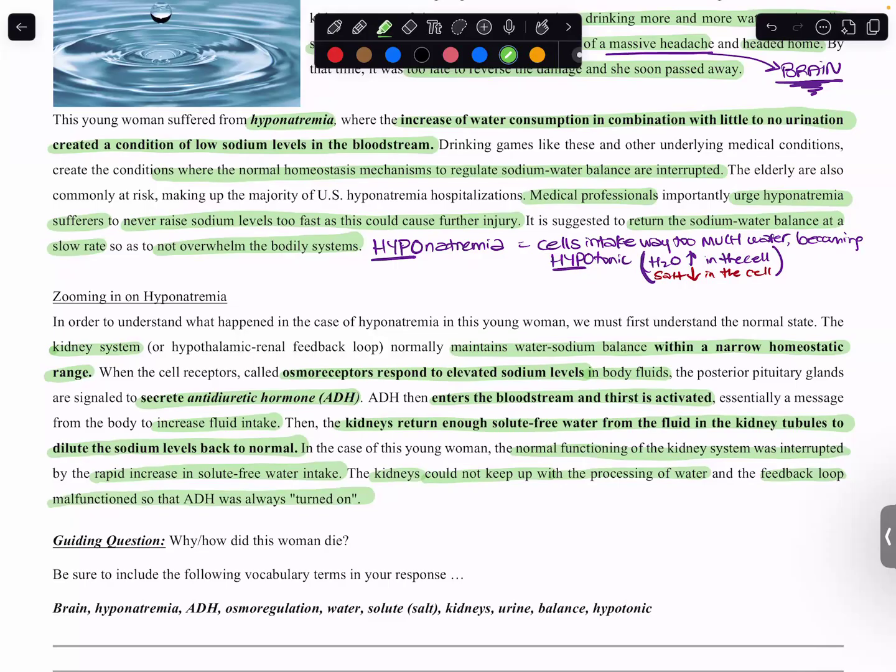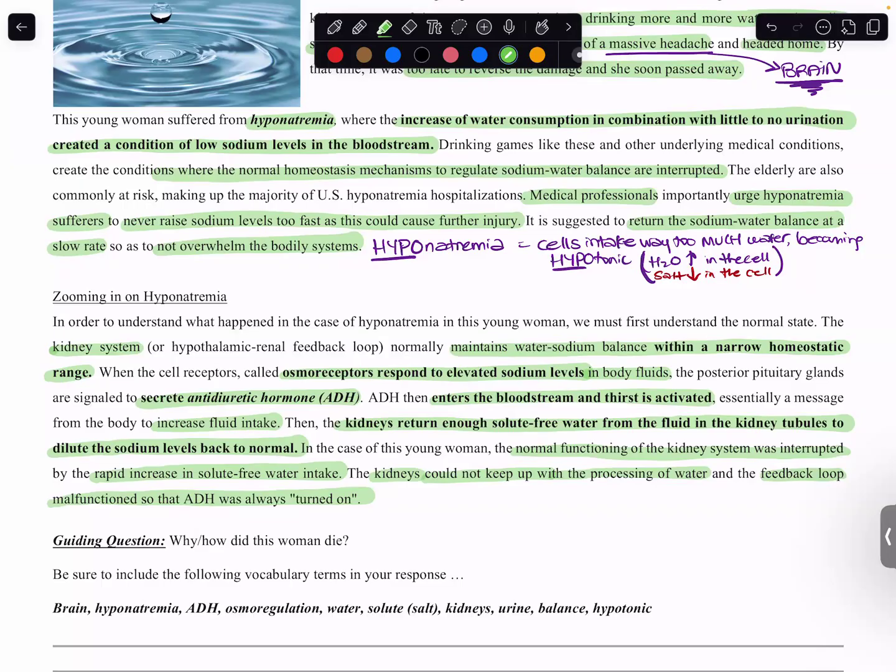So instead of ADH levels stopping once we've drank enough water, she drank so much water that it threw everything out of whack, and that hormone just kept getting released. So if that hormone is the thirst hormone, that means that her body was always being told that it was thirsty. And if she's always being told that she's thirsty, she's going to continue to drink more and more water until her cells literally seem like they started to die.